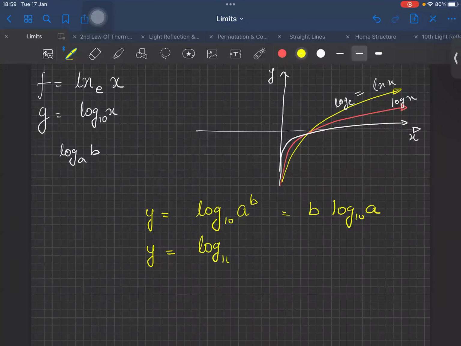You can also write this as b log base 10 of a. This you can also write as b times 1 upon log base a of 10, like that also. So the index is changing with the base. These are the properties of log. Just go through the properties of the logarithmic function and you'll find a lot.